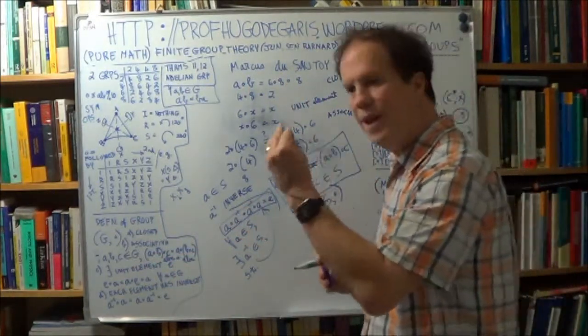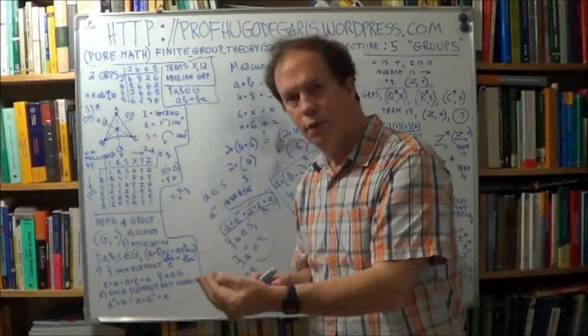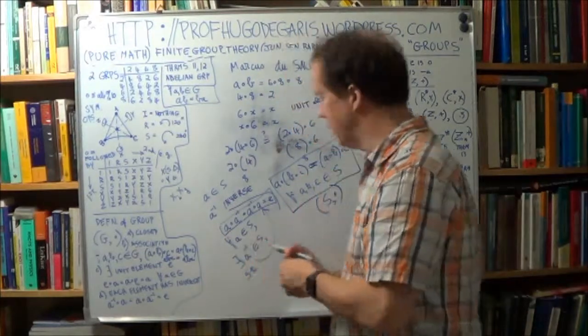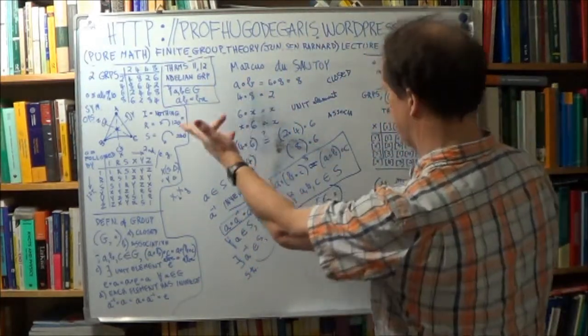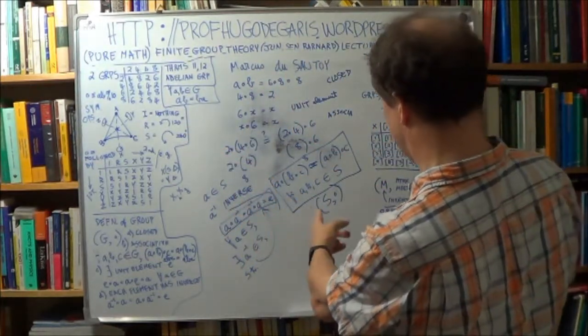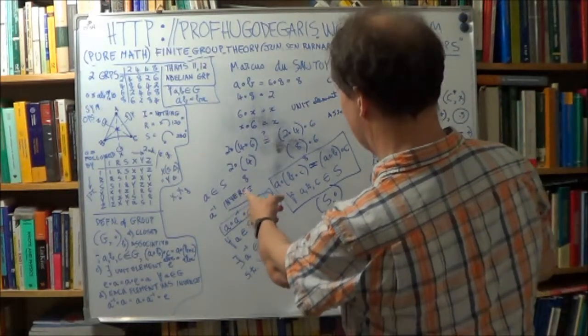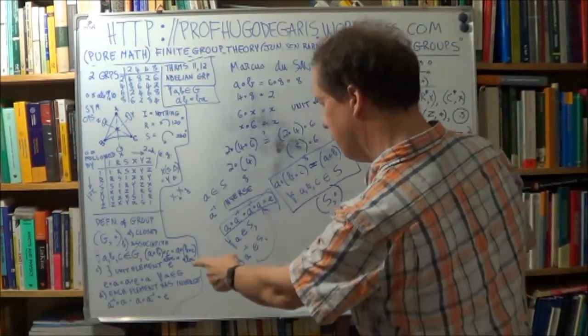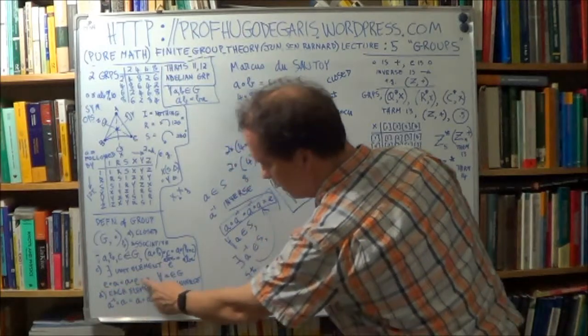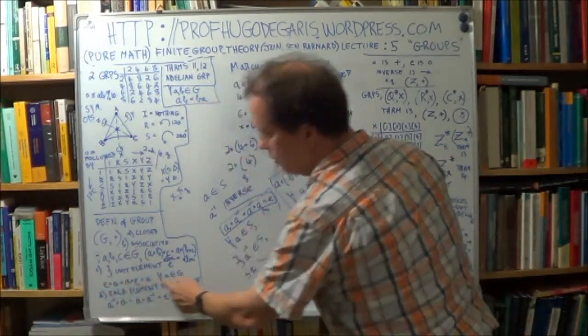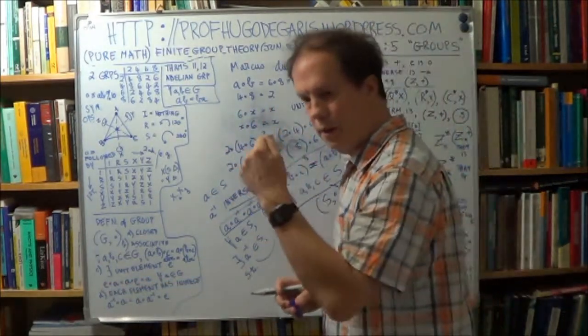The third one is that there's a unit element. There's some element from the set, so that, well, here, where is it? If I define it, I'll put it here. Yeah, down here. Is the definition. So there's a unit.